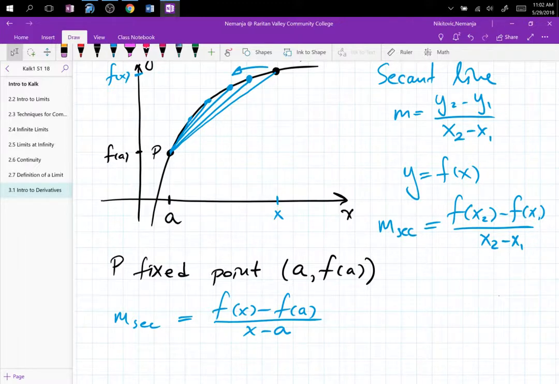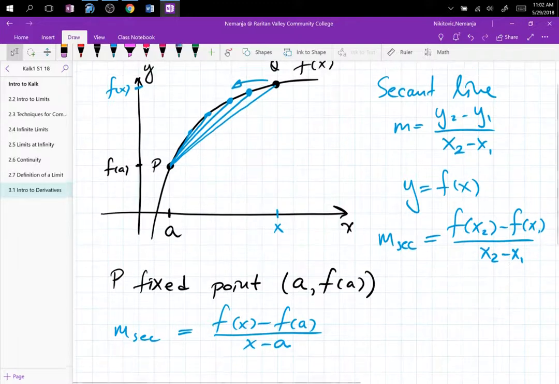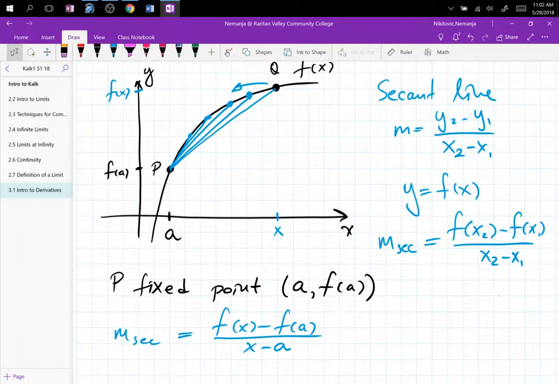Now, I can calculate every single slope. There are infinitely many lines, right? We see that Q started at that point up there, x, f of x. And then as it moves, it has infinitely many points to go through until it reaches point P. But when it reaches point P, well, we can't compute anymore.